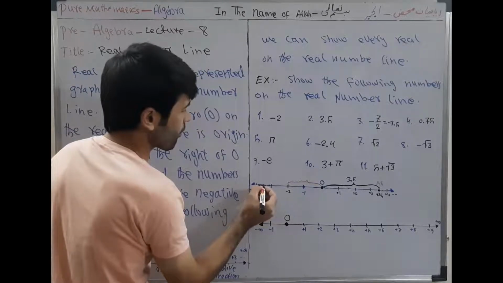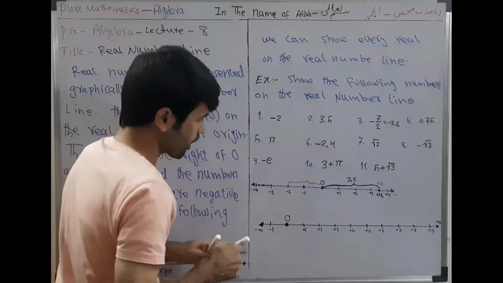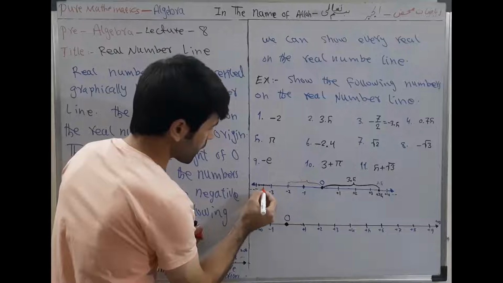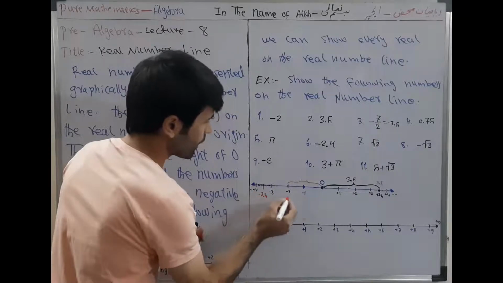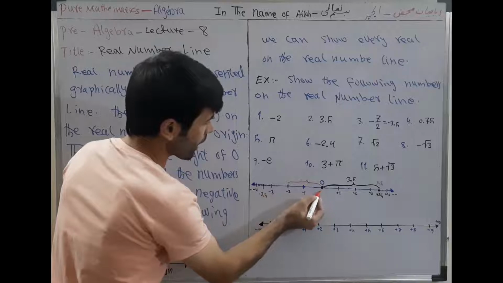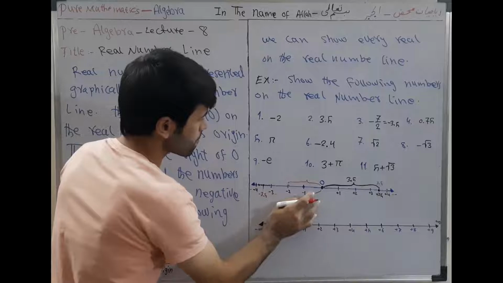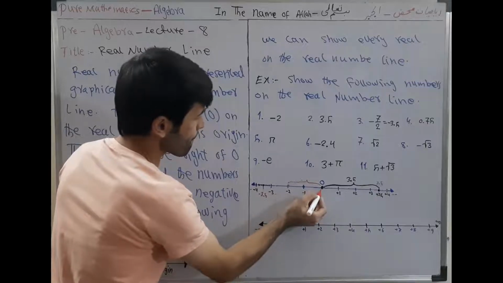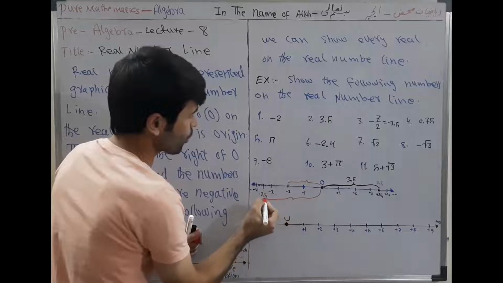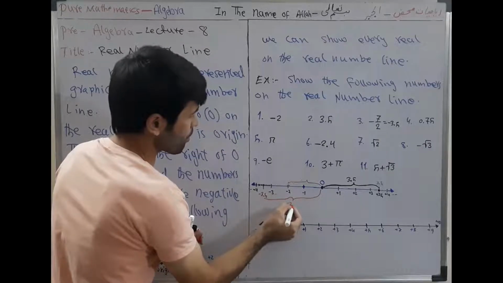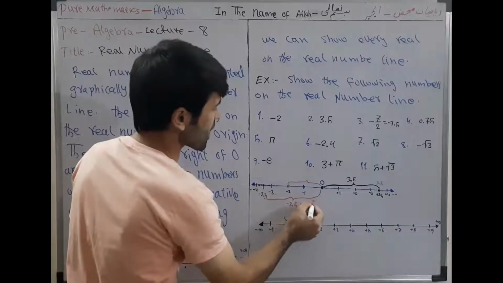Here is 5. Here is the location of minus 3.5. From here up to here is minus 3.5, or we can write minus 7/2.